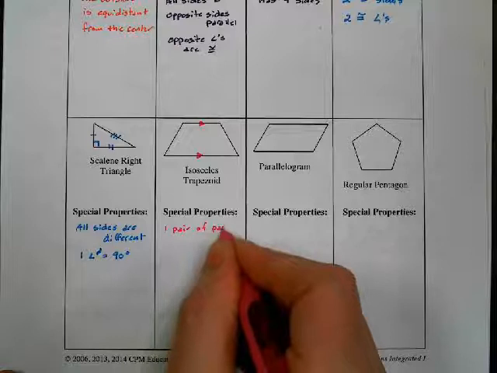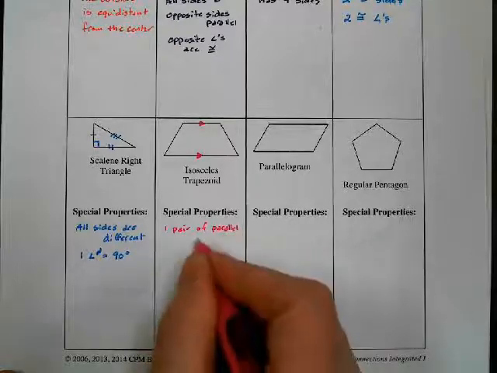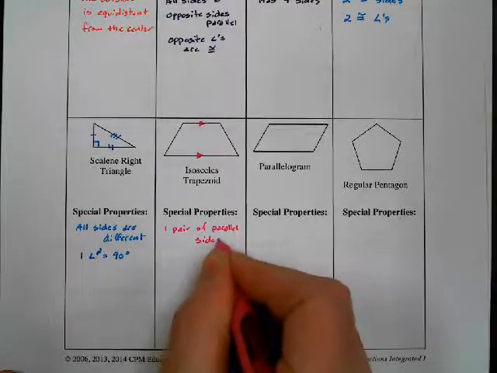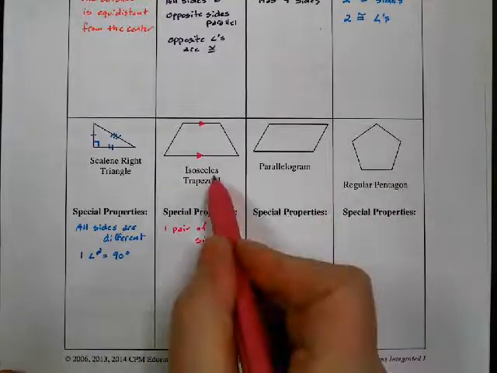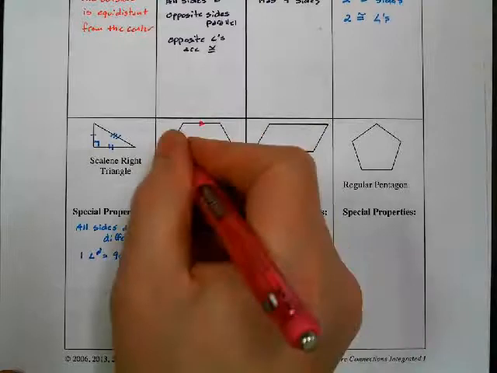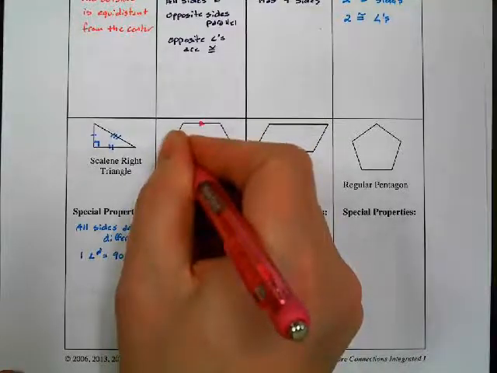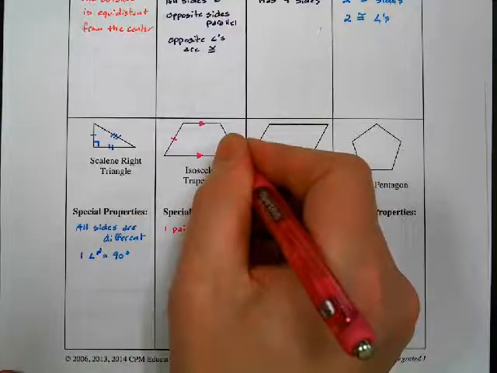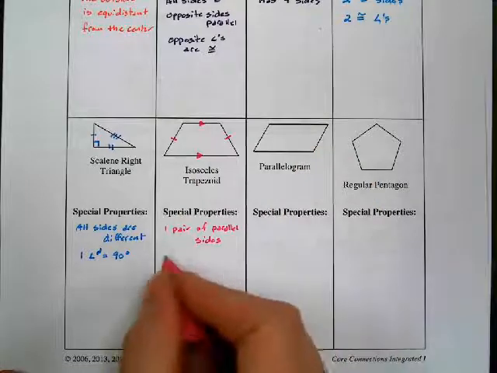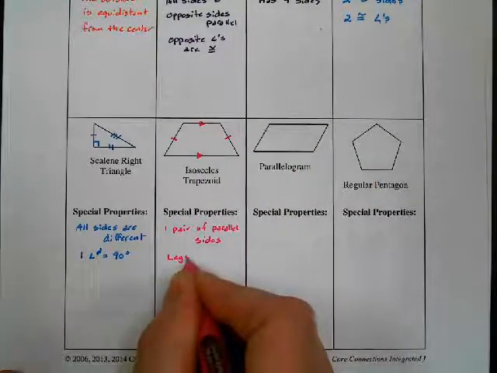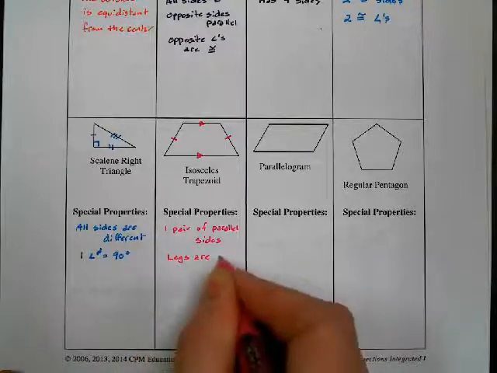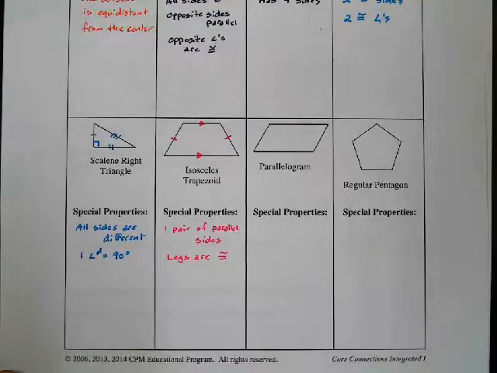And then, since it's isosceles, we call these over here legs. So this leg here is congruent to this leg here. So the legs are congruent. And then it also has congruent base angles.